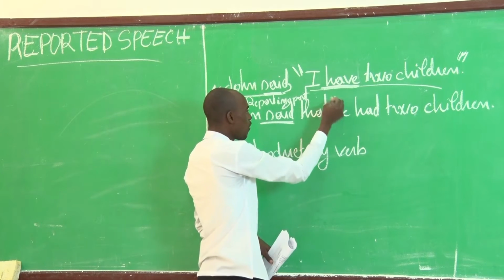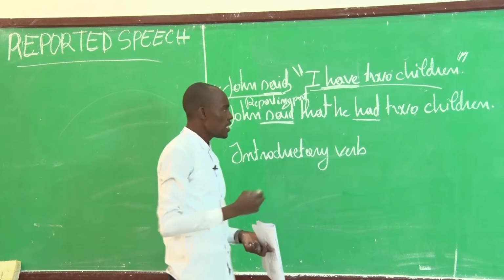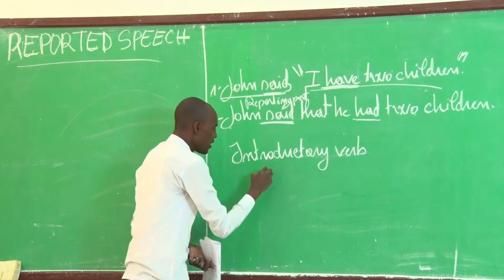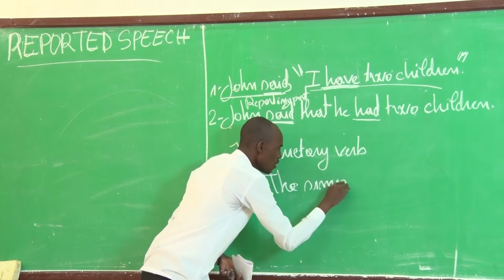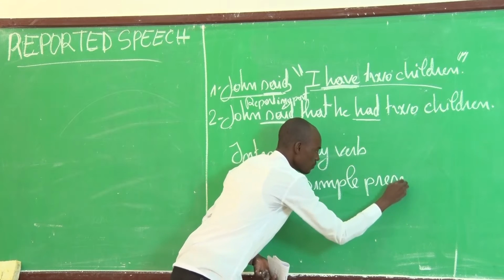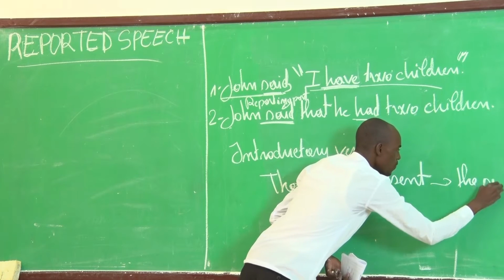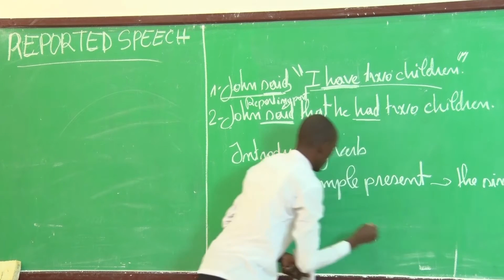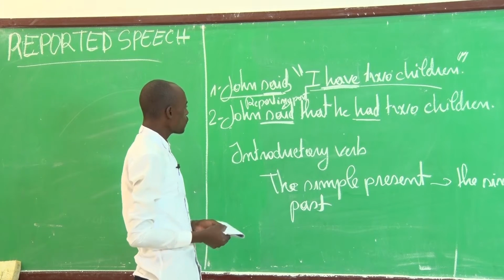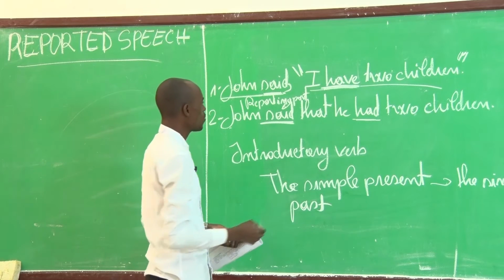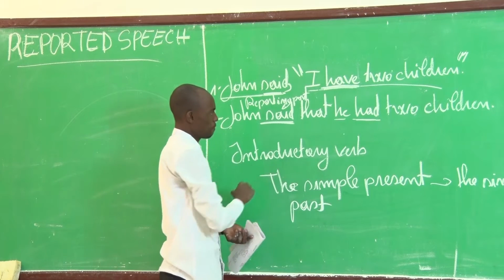Here we have, instead of the present simple, the simple past. It means that in reported speech, the simple present becomes the simple past. We can also remark that there is a change in our pronouns: I becomes he.